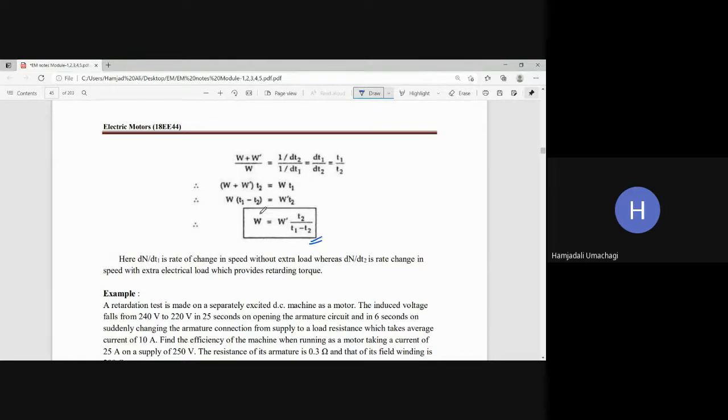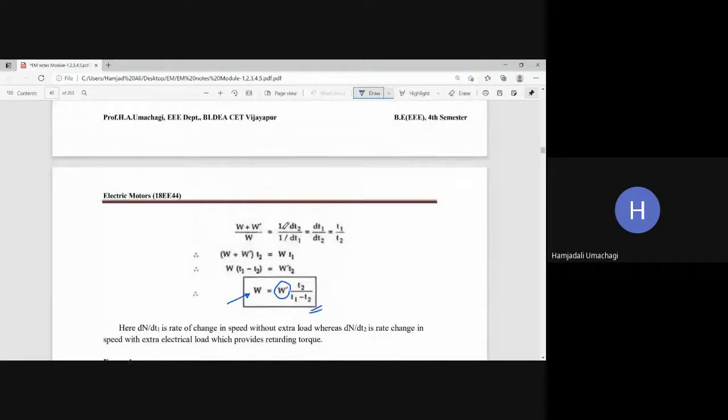Check the equation here. It is only dependent on power loss, that is the product of voltage and current, which takes place across the electrical element.